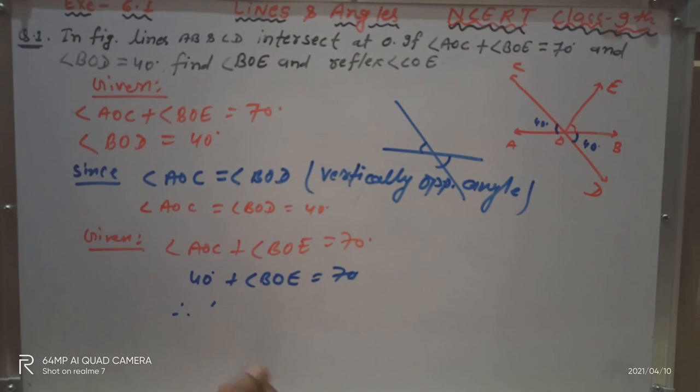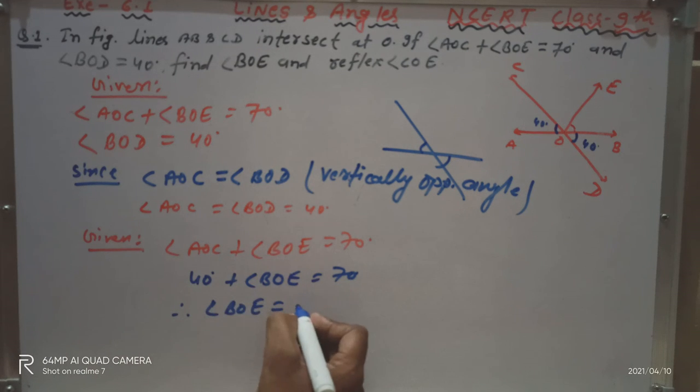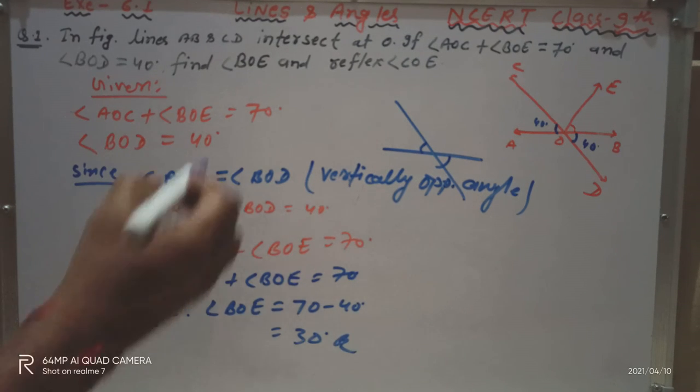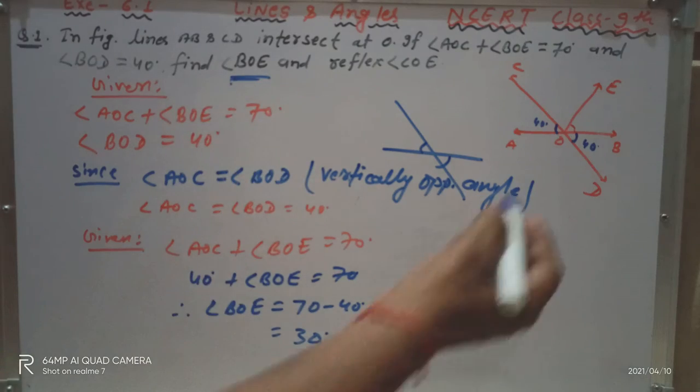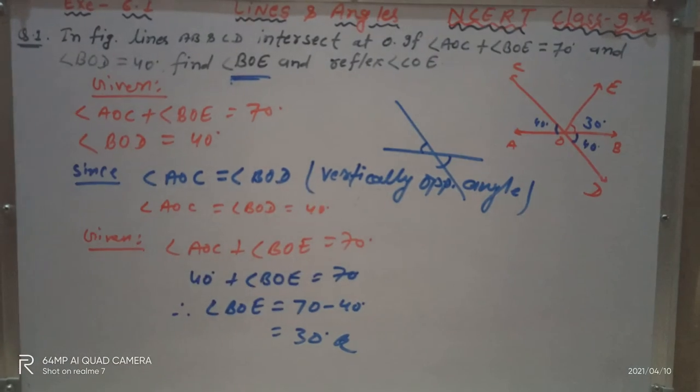So angle BOE will be 70 minus 40, which is 30 degrees. We are able to find angle BOE, and it is 30 degrees.